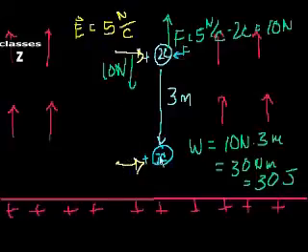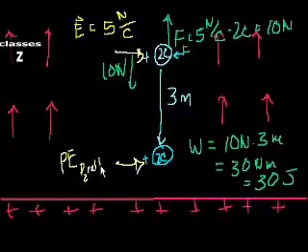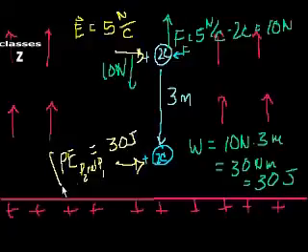So the electrical potential energy here relative to here, P2 relative to P1, I'm using my made-up notation, is equal to 30 joules. And how could that help us?